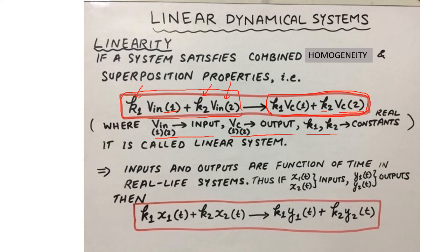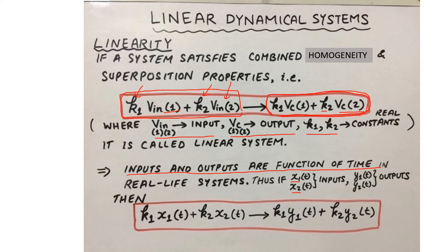In general, in dynamical systems, the inputs and the outputs are variable. In some sense, we represent them as a function of time. So if we talk about notation, we can also represent the above condition in a more generalized form, where x1 of t and x2 of t are the two time-dependent inputs.